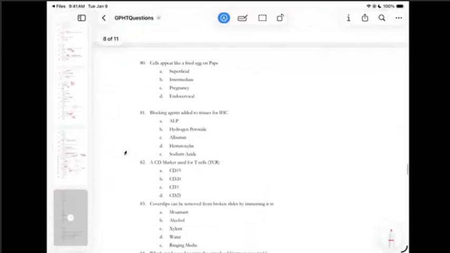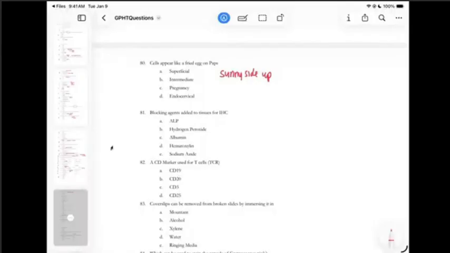Number 80, cells appear like fried eggs on paps. So fried egg looking cells or sunny side up. Okay, sunny side up looking cells. So these are immature cells, na thick ang cytoplasm. So it has also a relatively large nucleus, basophilic cytoplasm.